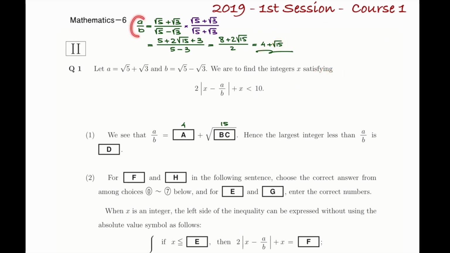So for our a over b, I have 4 plus 3.9, which is approximately 7.9. So the largest integer which is less than 7.9 is, you know the answer I think. The answer is 7. The largest integer which is less than 7.9 is 7.